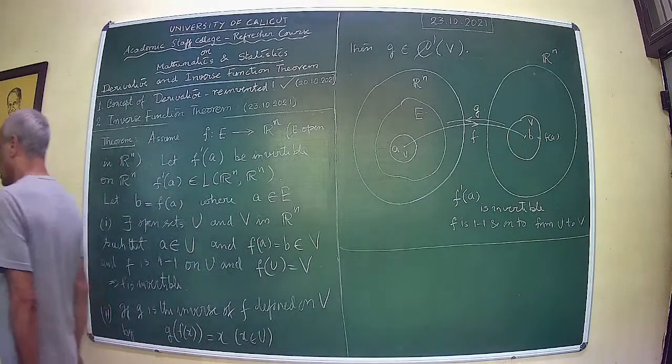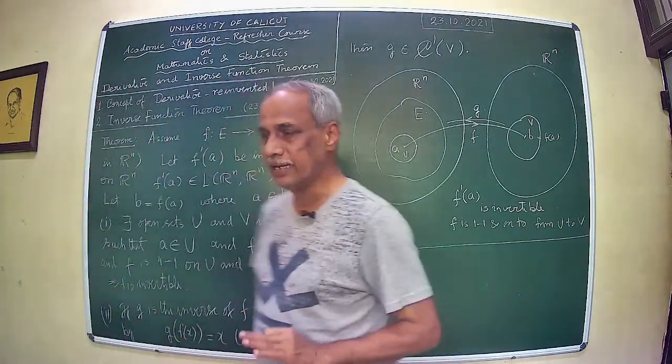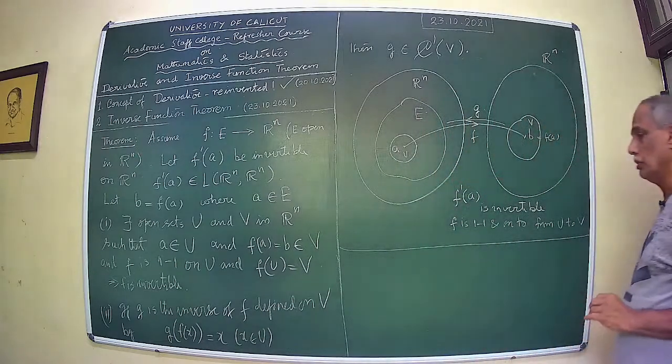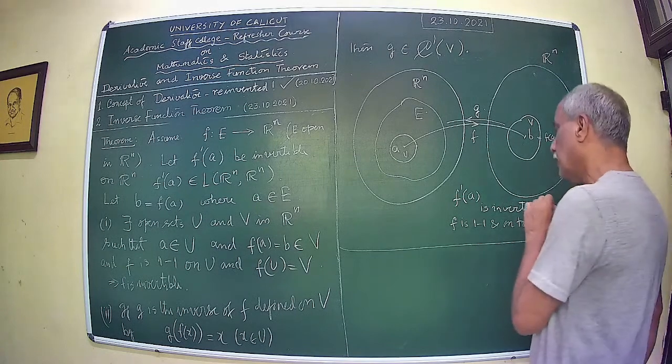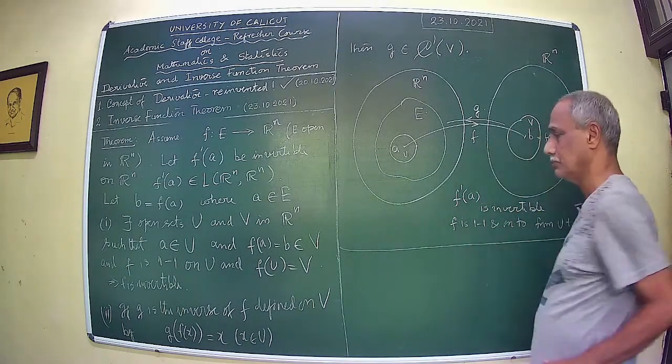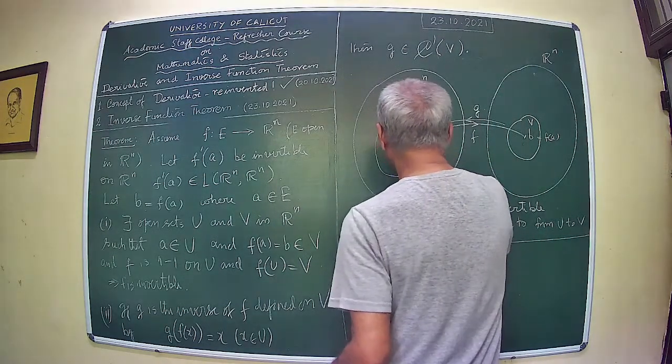What we are going to prove is that inside U, the function f continues to be invertible.